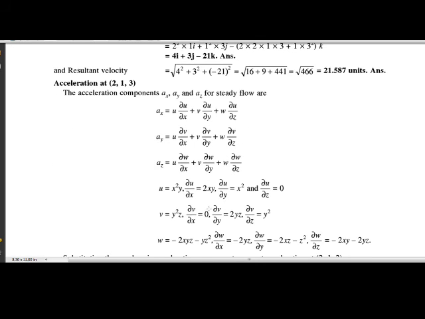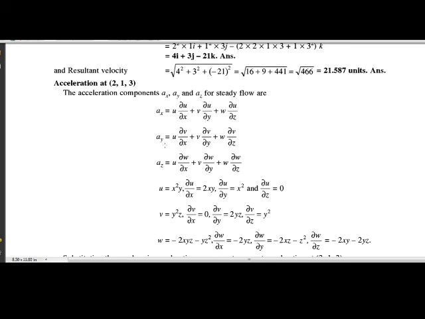Now we have to calculate the resultant acceleration at the point (2, 1, 3). Here the acceleration components are ax, ay and az. For steady flow, as we know, the equation is ax = u ∂u/∂x + v ∂u/∂y + w ∂u/∂z.